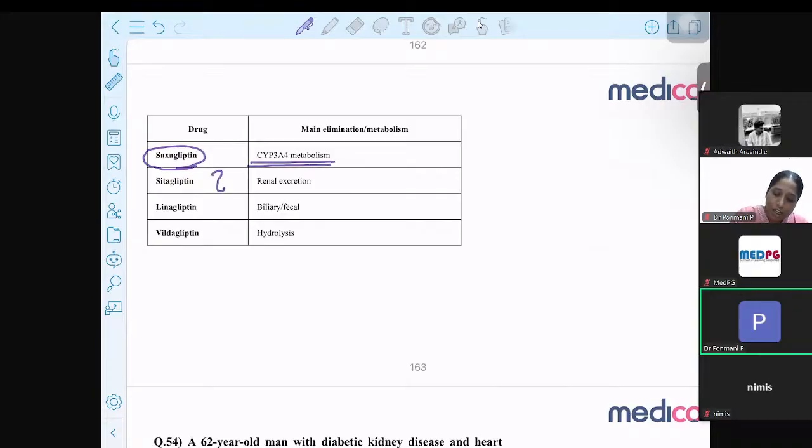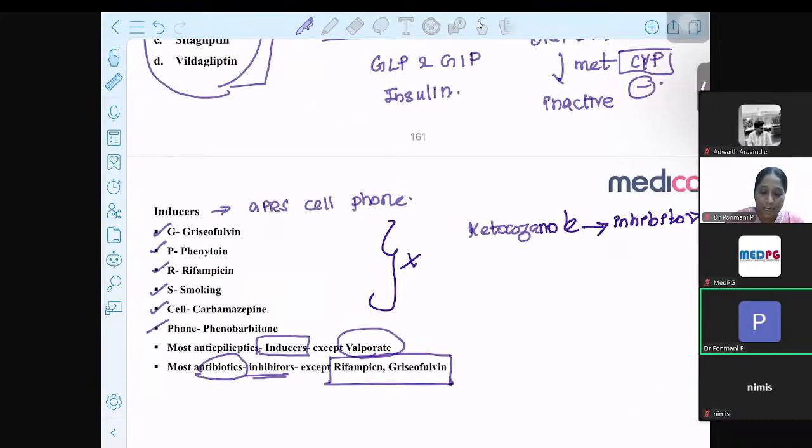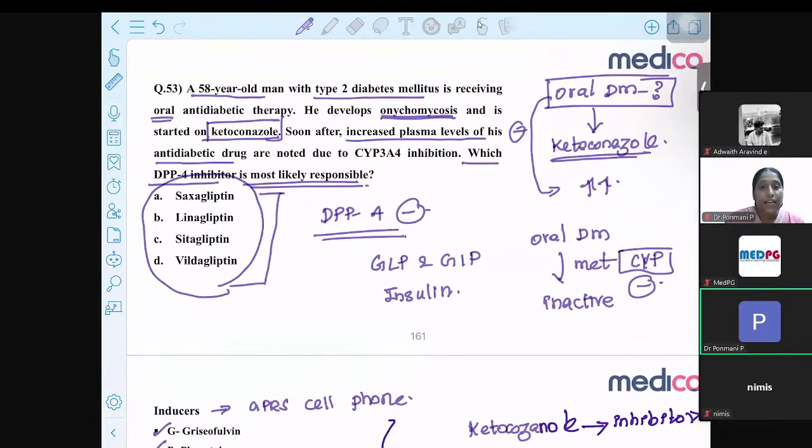The rest of the gliptins, for example sitagliptin, undergo renal excretion, linagliptin biliary, and vildagliptin hydrolysis. So what is the answer here? The answer here is saxagliptin. Saxagliptin gets metabolized by the cytochrome enzyme, and that is the reason why its levels are increased in the blood.